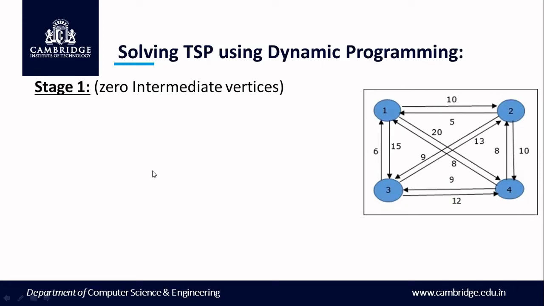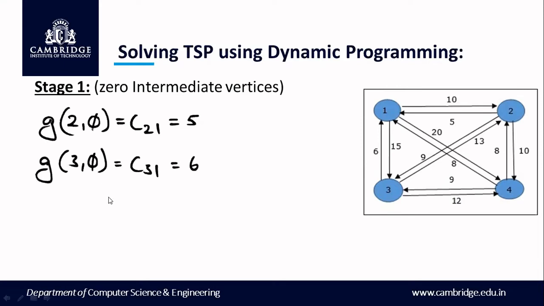In stage 1, we look at the bottommost of the recursive tree, that means all the vertices will try to reach back to their source vertex. Or you can say that none of the vertices is considered as an intermediate vertex before we establish a path to the source vertex. If we consider the source vertex as vertex 1, then we have a connectivity from vertex 2 to 1, from vertex 3 to 1, and from vertex 4 to 1.